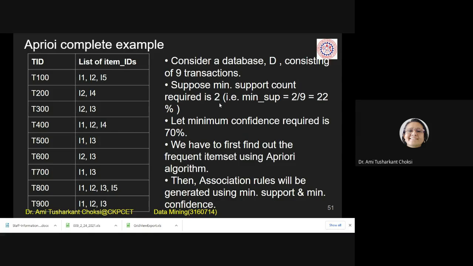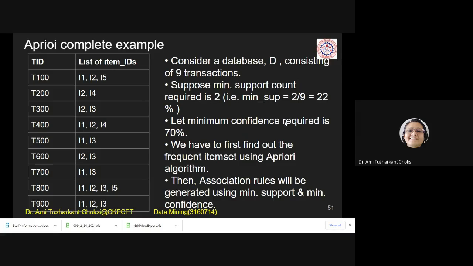So, if in case it is given, say for this example, 22 percentage of minimum support, we can convert that to support count of 2, right? 2 by 9 is the way we should find it, isn't it? That is the minimum required count. Fine. So if 22 percentage is given, we should get it as 2 count. And if 2 count is given, we can get 22 percentage. Right?